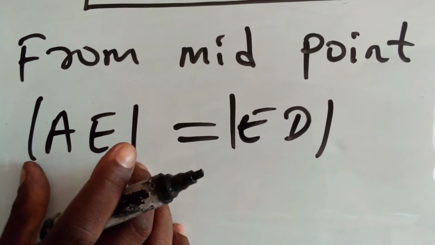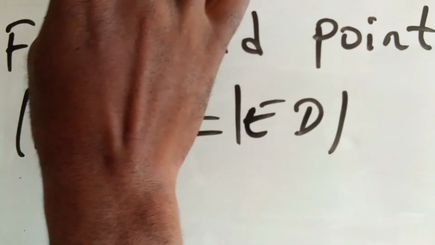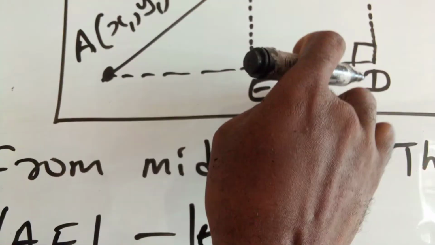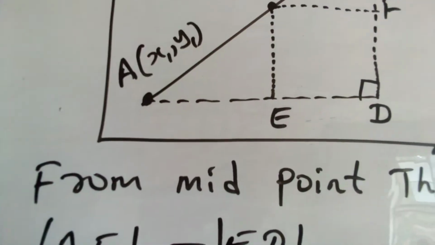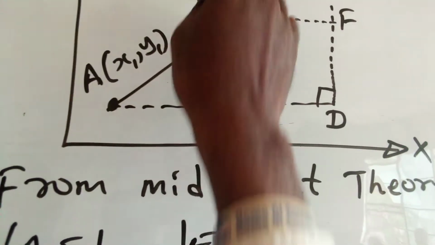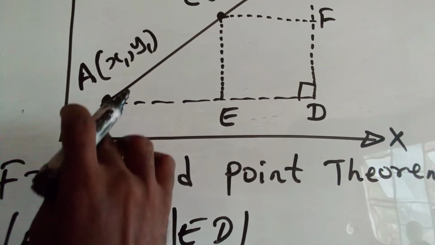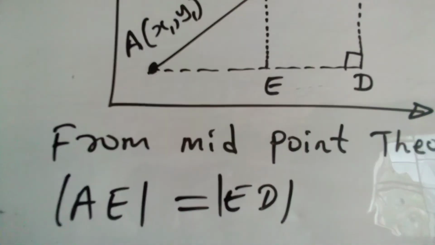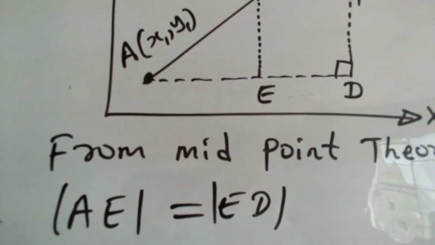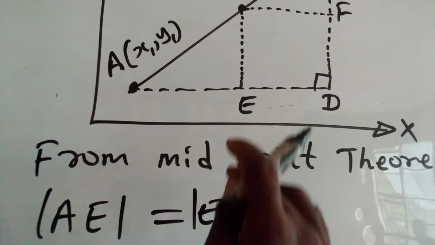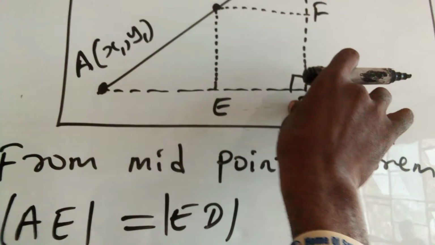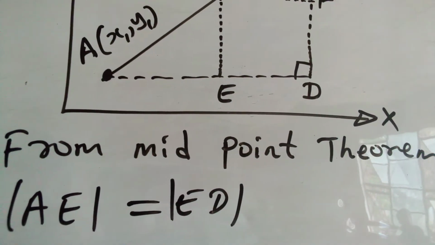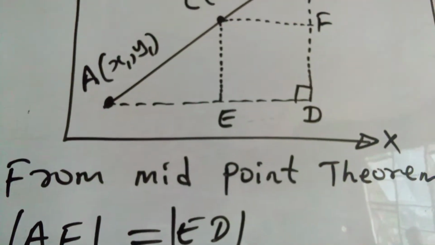And what is our AE? Our AE, moving from here, is going to be the value of x here minus the value of x here. The value of x here is our x, minus the value of x here, which is x1. This will be equal to ED, which is the value of x here, which is x2, minus the value of x here, which is ordinary x.